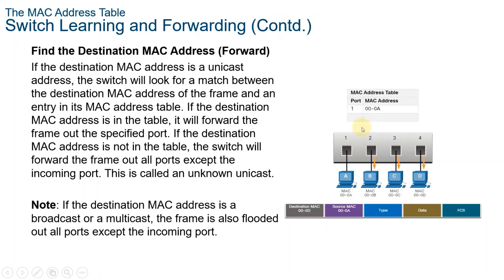So the switch will forward the frame to all the ports except the incoming port, where the frame originated. Note, if the destination MAC address is a broadcast or multicast, the frame is also flooded out all ports except the incoming port.